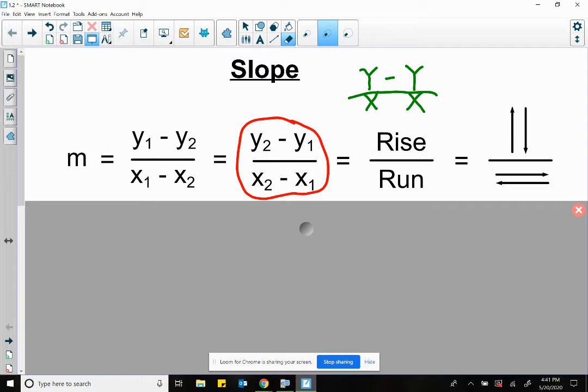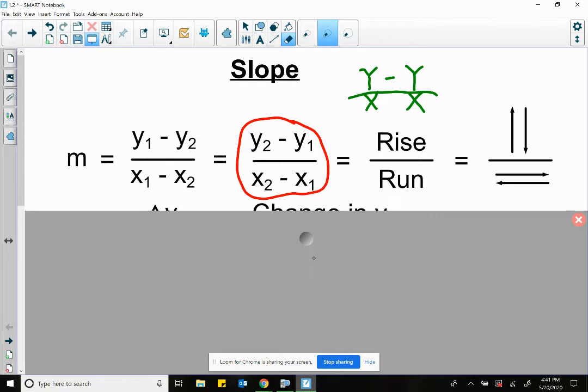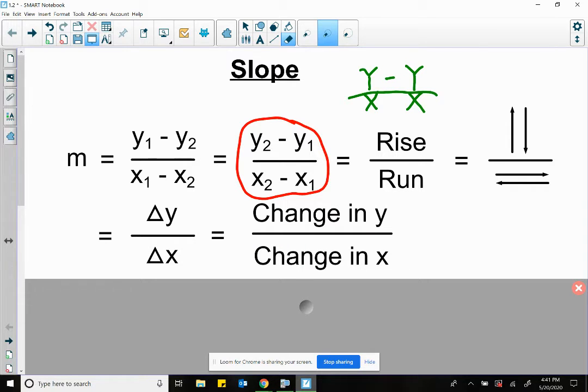Also know that when you run these, make sure that you are consistent. If you start with y2 on the top, you start with x2 on the bottom. If you start with y1 on the top, you start with x1 on the bottom. You need to make sure that you're consistent. Some other ones that you probably didn't know, sometimes we call it delta y over delta x. This is the Greek symbol delta.